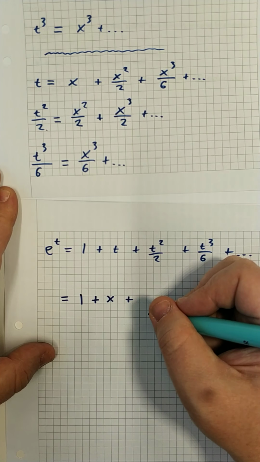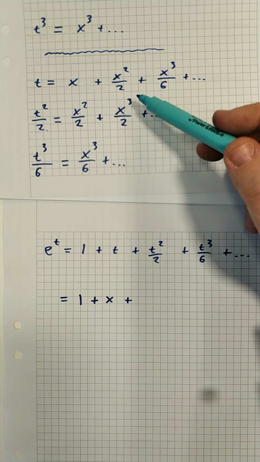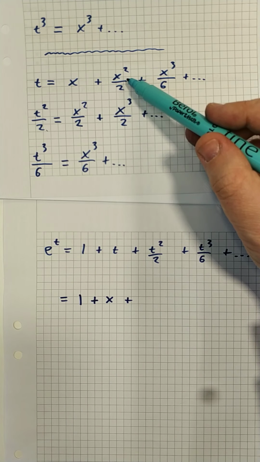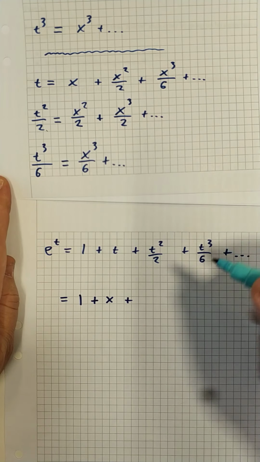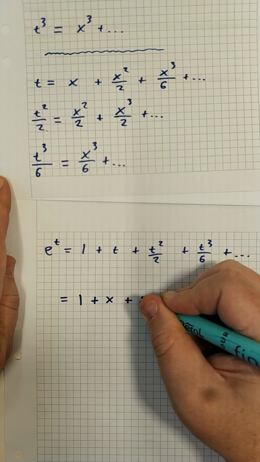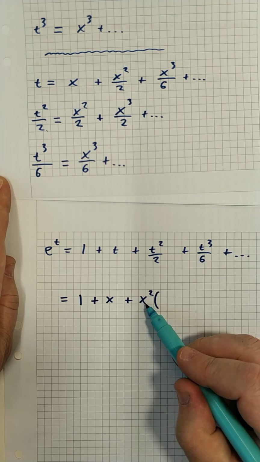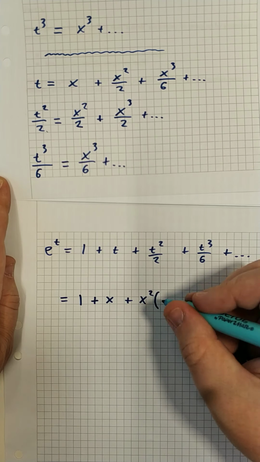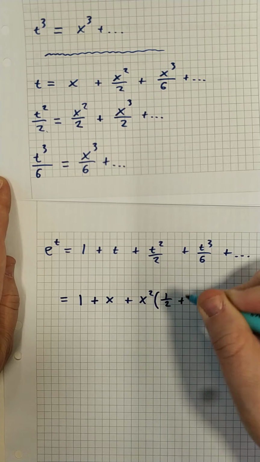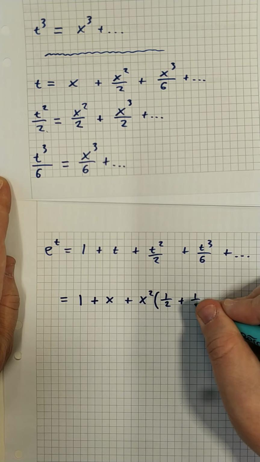Where will I get x squared from? Well, I have a 1/2 x squared term there and a 1/2 x squared term there. So let's do it this way. The coefficient of x squared will be 1/2 from t and 1/2 from t squared halved.